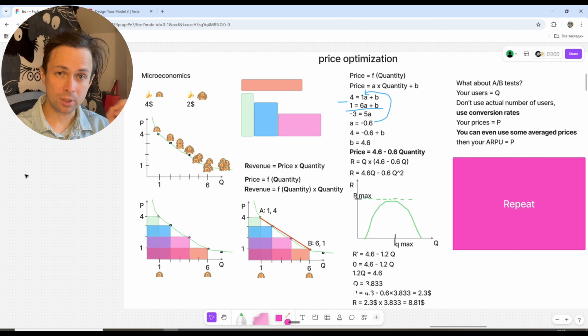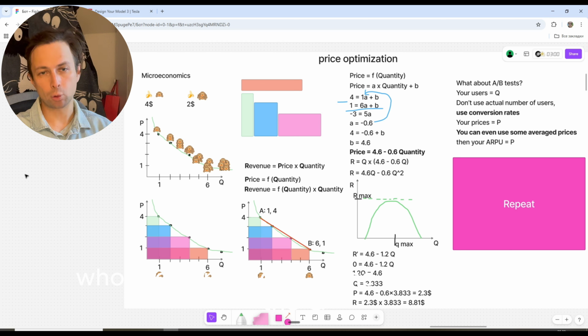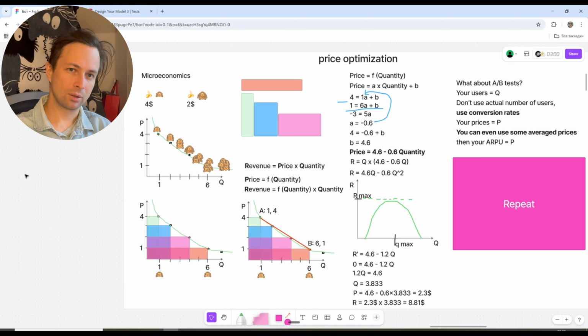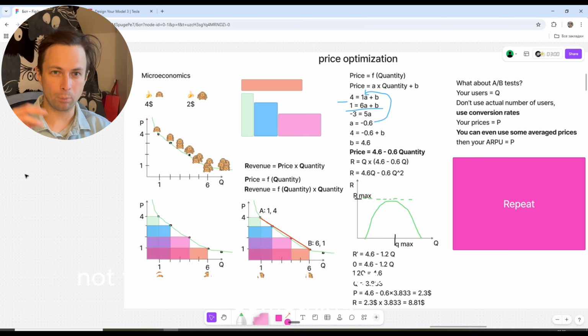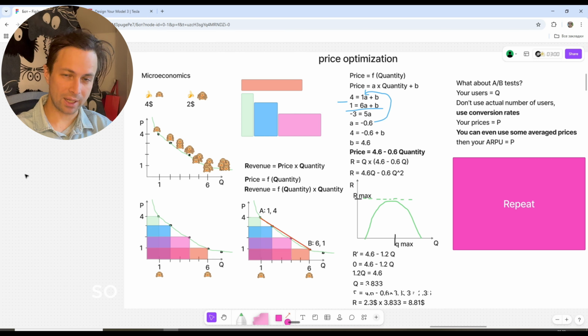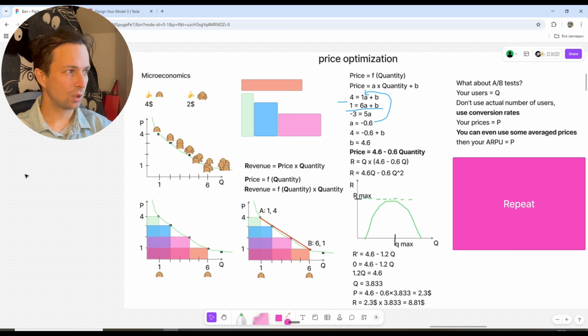Well, the users who are exposed to some variant are the Q. Or it's better not to check how many users bought something, but what was the share of users who bought something. So you should use conversion rates, it will be better. Your prices are P. Or if you changed multiple prices in one test, you can use the average revenue per user, and it will be your P. So you will have your P and your Q, and you will have two dots.